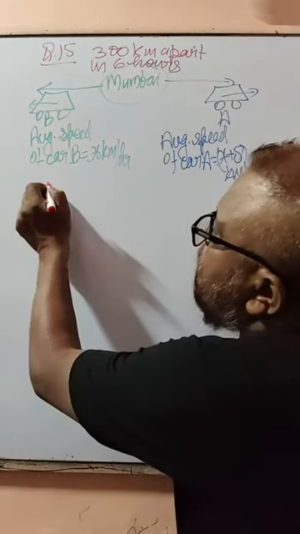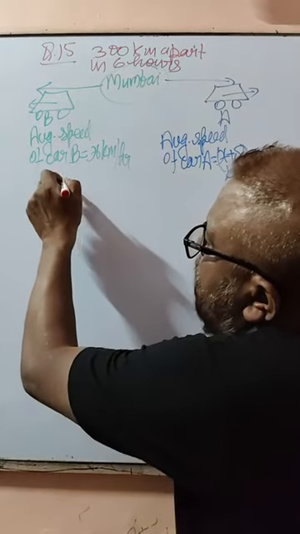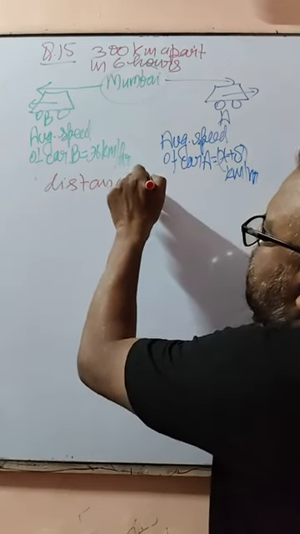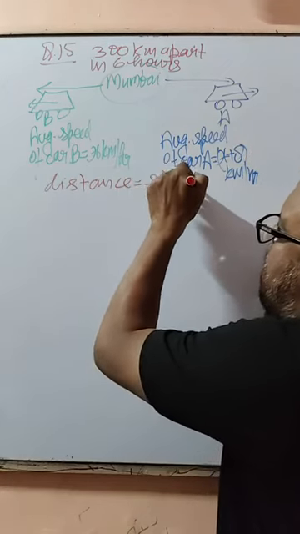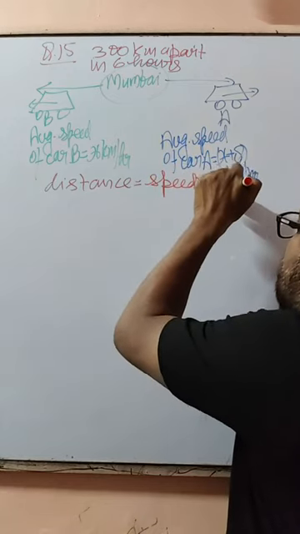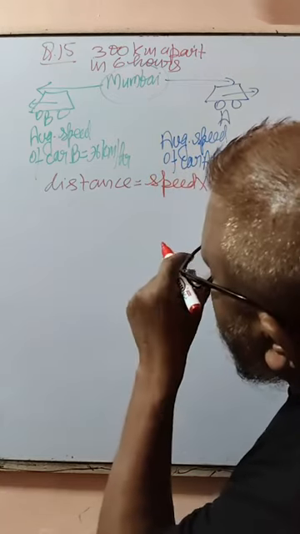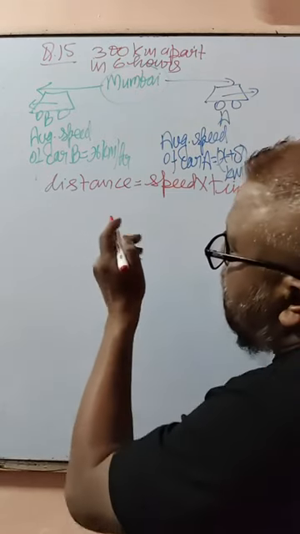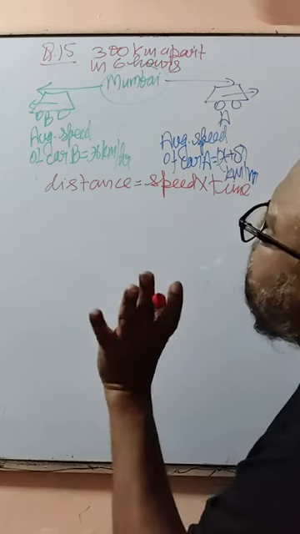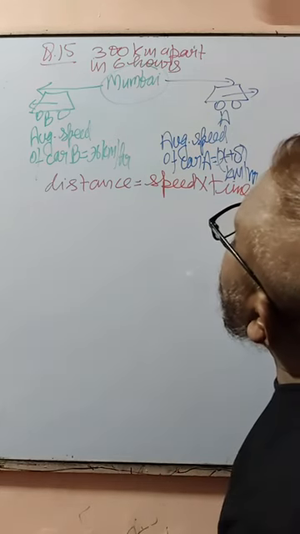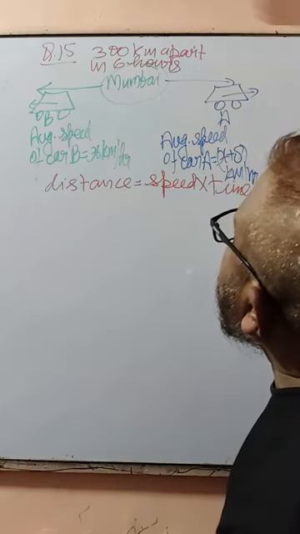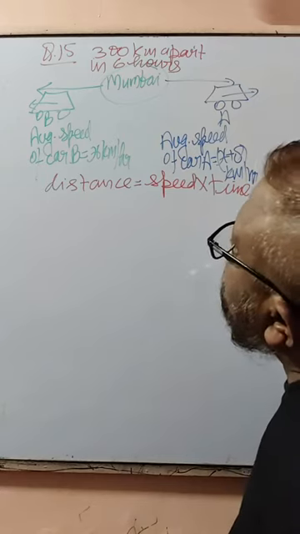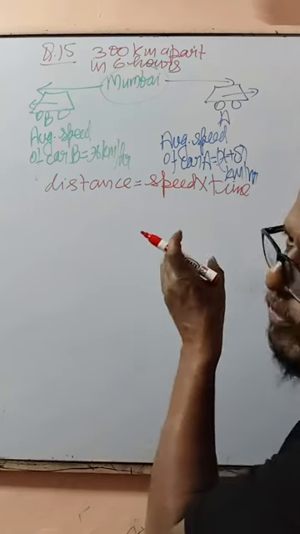So, again I told you, distance is equal to speed into time. Right? Yes, sir. So now what is the distance? 300 kilometers apart, right?